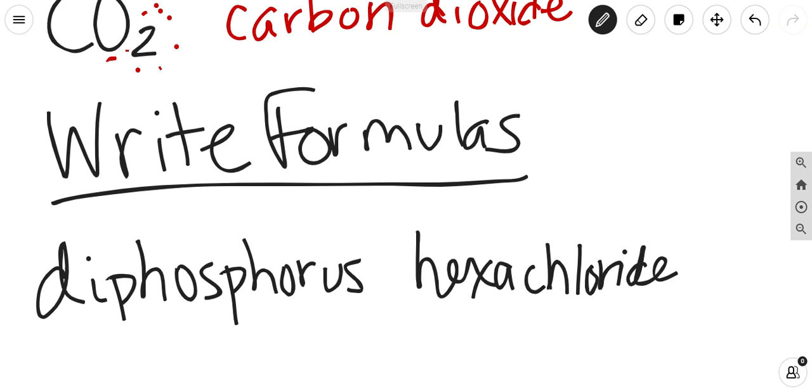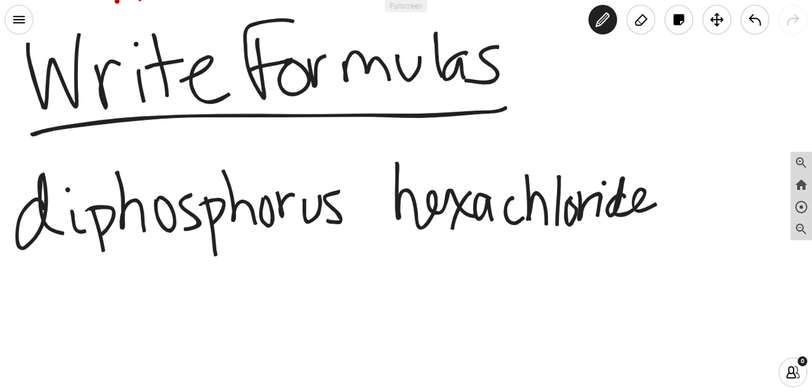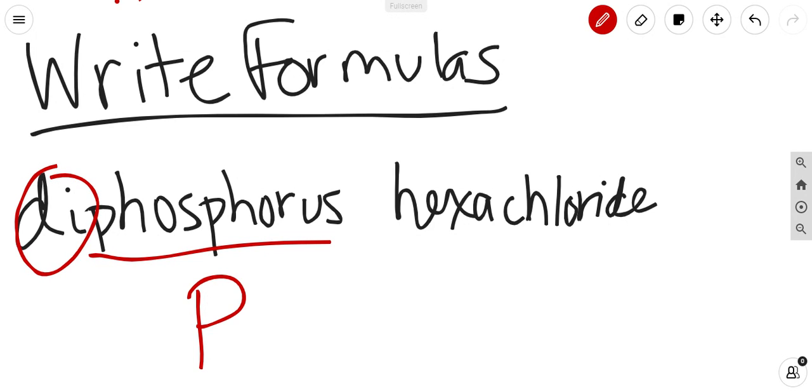You're not going to think, what does it have? What does it need? You're just going to write it based on the prefixes. All right. So the first element that I have here is phosphorus. So I put P for phosphorus. What's its prefix? Di. Di is the prefix for 2.